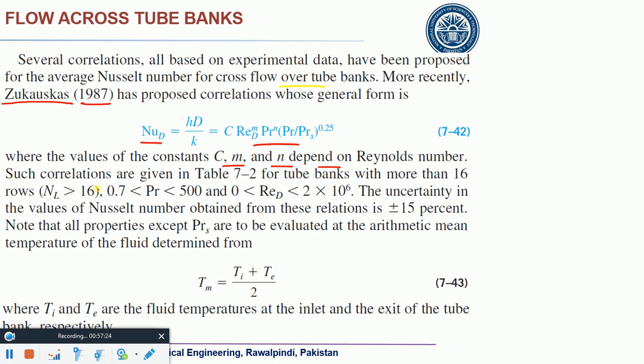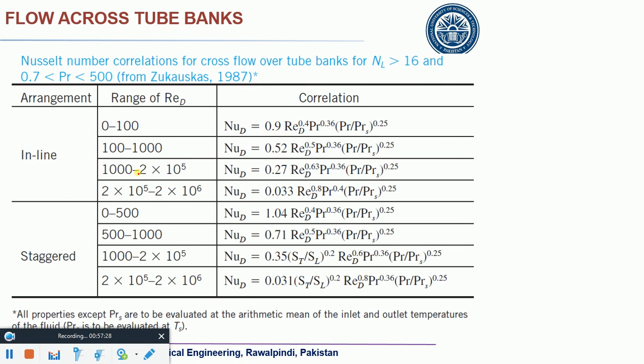And C, M and N depend on Reynolds number. So I would show you the correlations. For inline arrangement, for this range of Prandtl number, you should use these relationships.